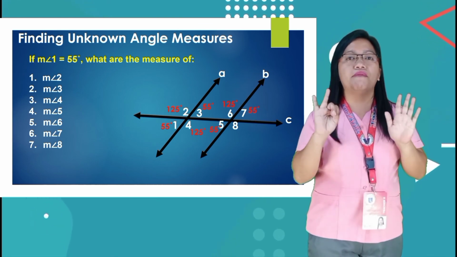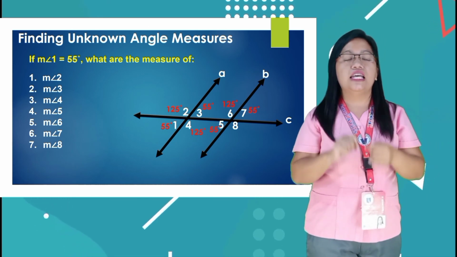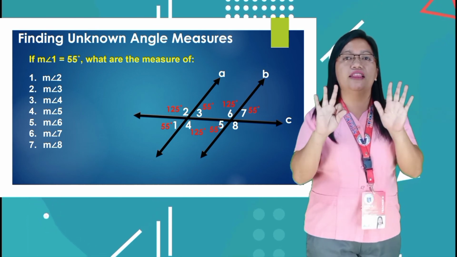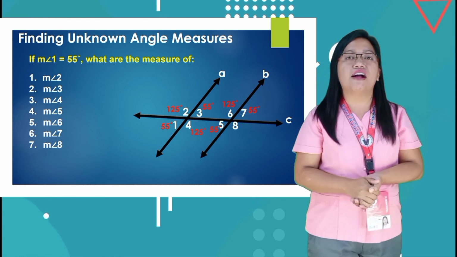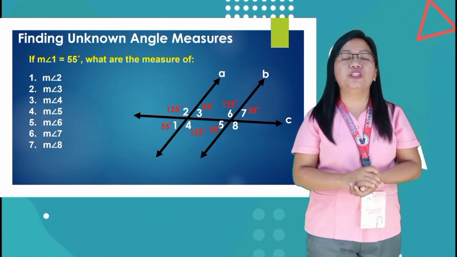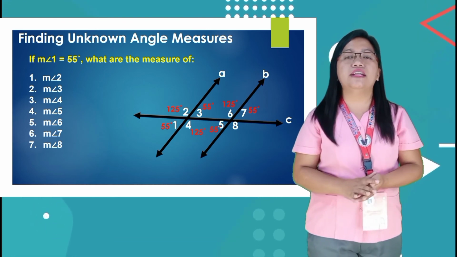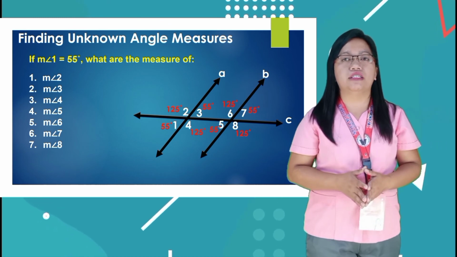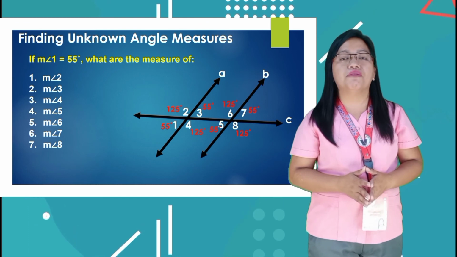For number 7, what is the measure of angle 8? If angle 1 and angle 8 are same side exterior angles, then they are supplementary. Therefore, the measure of angle 8 is equal to 180 degrees minus 55 degrees. So, the answer is 125 degrees.